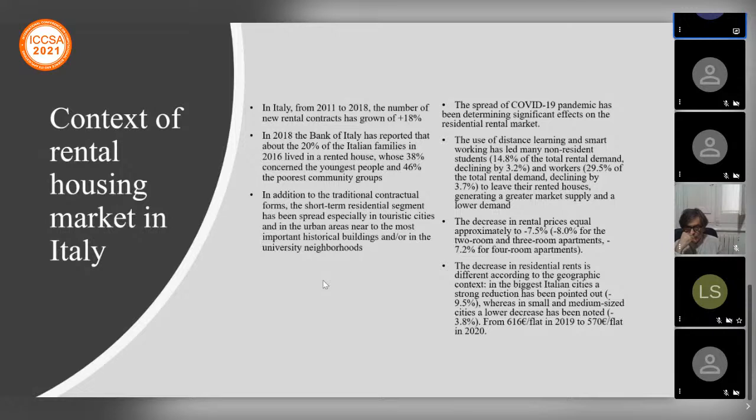because in Italy there is a very huge number of students that change city to follow the university and also to work. Obviously, the use of distance learning has changed this dynamic because the students have returned to their native home and left the big cities.